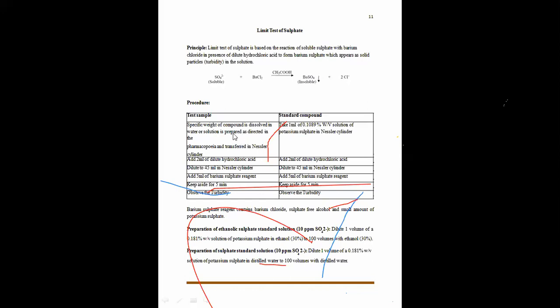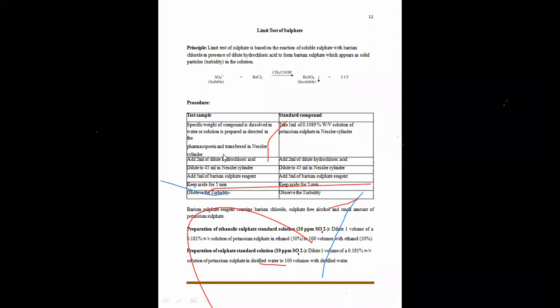In the sample solution we don't know how much sulfate impurity is present. And in the standard solution, we take a known amount of sulfate impurity. For that, we take 1 ml of 0.1089% solution of barium sulfate in the Nessler cylinder.